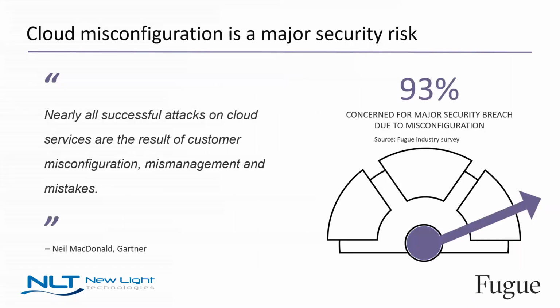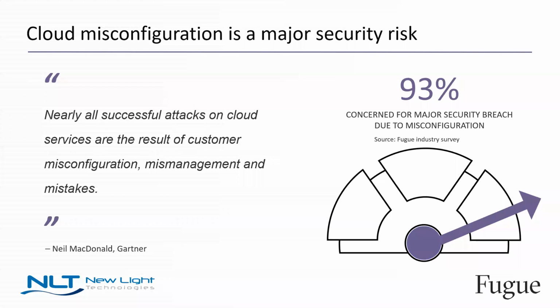Okay, so cloud misconfiguration is a major security risk. If you read the headlines for these major cloud breaches, they're almost always due to misconfiguration. Neil McDonald at Gartner: nearly all successful attacks on cloud services are the result of misconfiguration. We believe that's true. We see it every day.